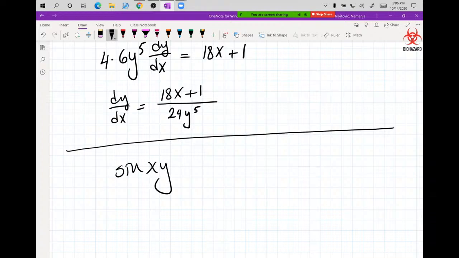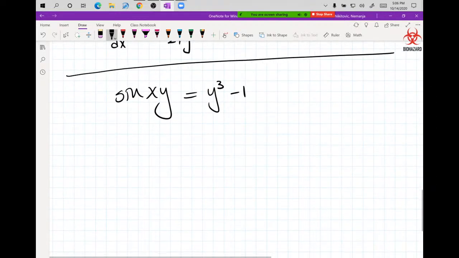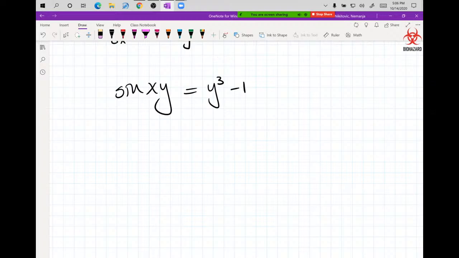sine xy is equal to y cubed minus 1. There's a winner right there. What do you think we could do now, or should do now? This is not a nice problem.